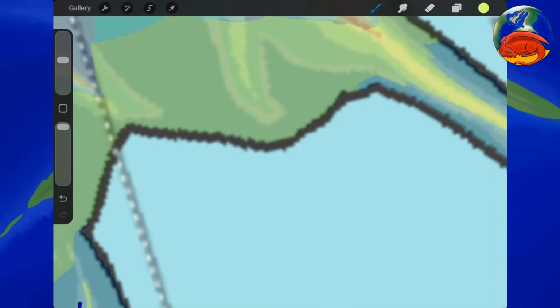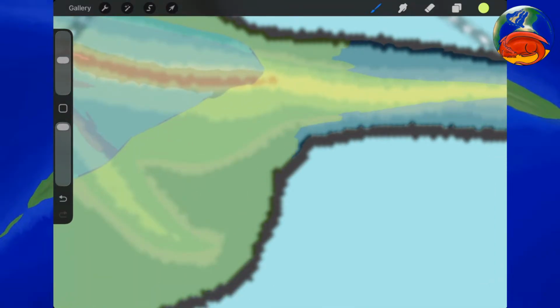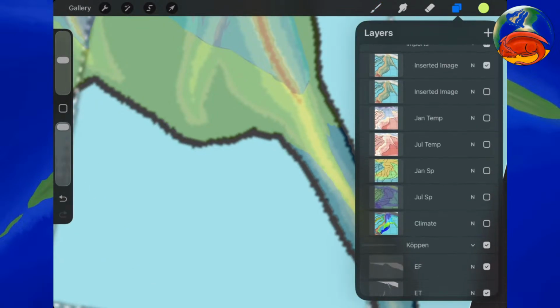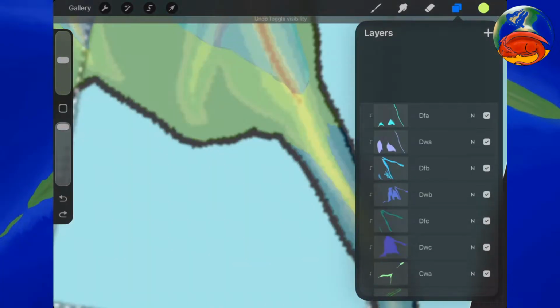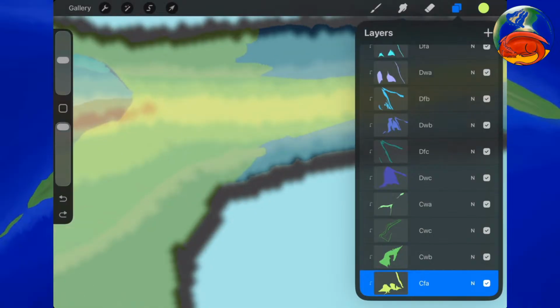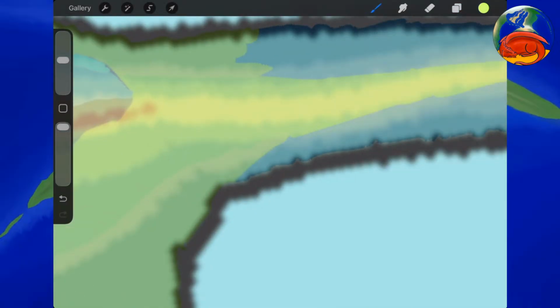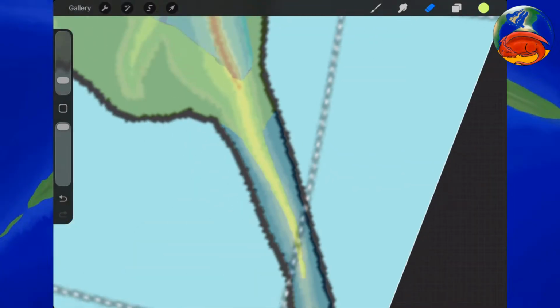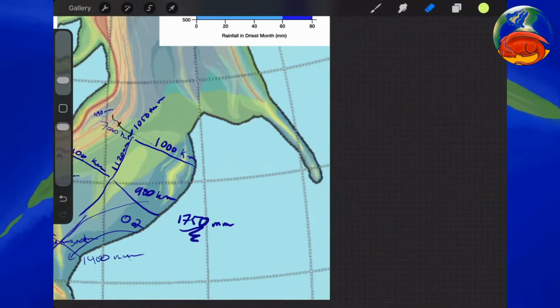Let's just fill all that in. Okay, and then there we go. I'm going to figure out the exact boundary later.